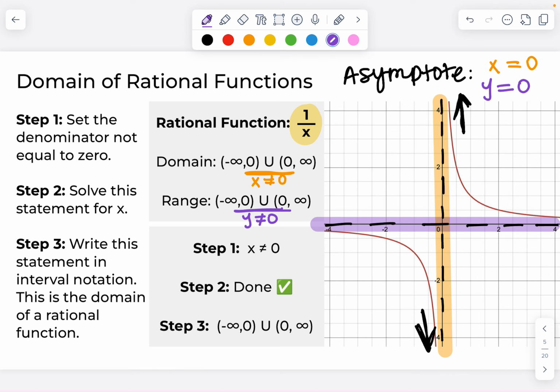In this case, that is going to be that x cannot equal 0, which is down here. Notice our denominator is just x. We set that not equal to 0, and then we simplify that statement for x as step 2. Because this is that basic rational function, it's already solved for x, so we don't have anything else to do.